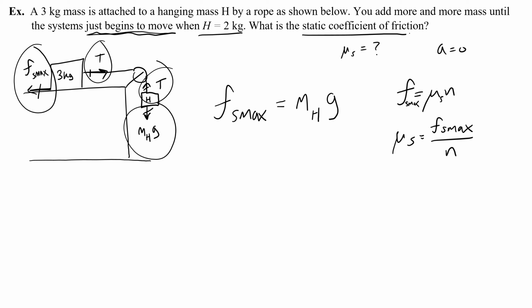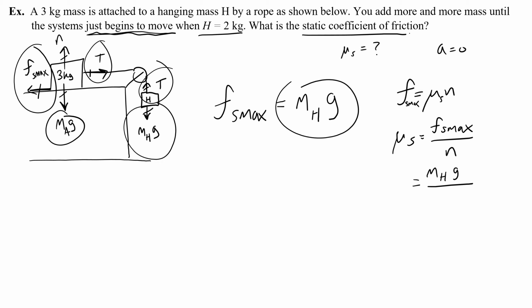Now, in this case, I'm taking a look at the normal force of the 3 kilogram object, which we can call mA times g. So you would have F s max, the mass of the hanger times acceleration due to gravity, over the normal force, which is the weight of the 3 kilogram block, mA g.